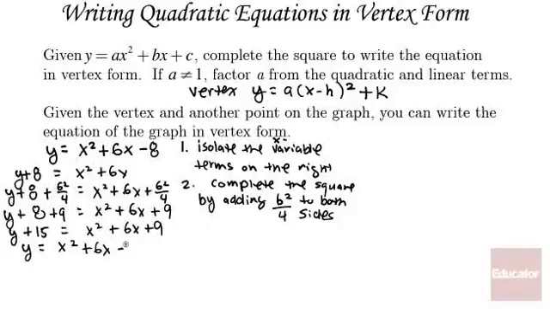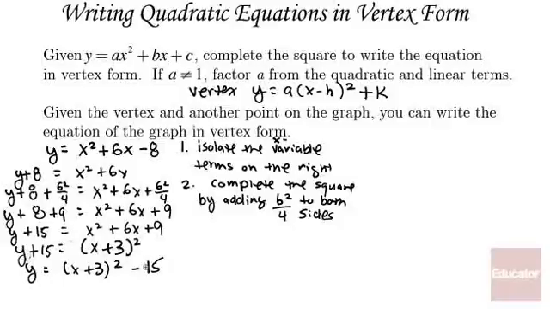Before we do that, I've completed the square, so I want to go ahead and write this out closer to vertex form. This is x squared plus 6x plus 9, and that is a perfect square. So I'm going to write it in this form. Then I'm going to go ahead and move my 15 over.